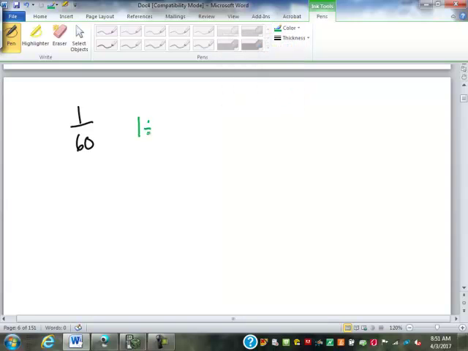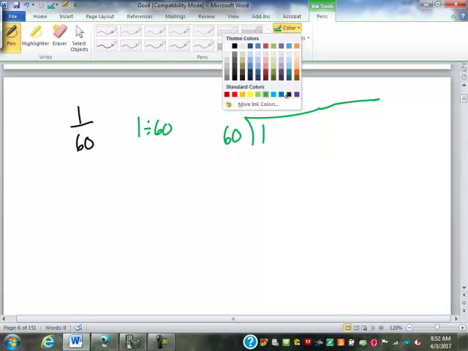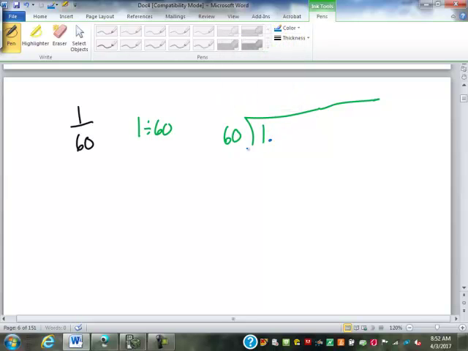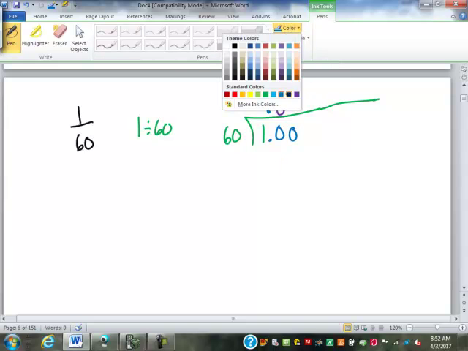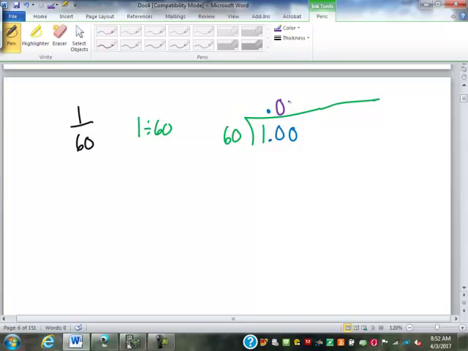That's going to be 1 divided by 60. 60 does not go into 1, so we add the decimal point and a 0. Does 60 go into 10? No, so we've got to put a 0 here. Add another 0 down here. Does 60 go into 100? Once. So that's 60. There's 40 left over.